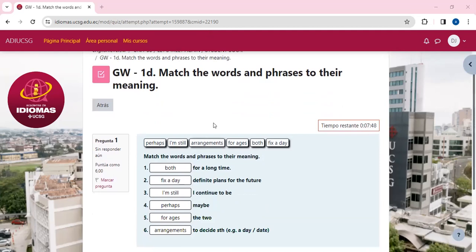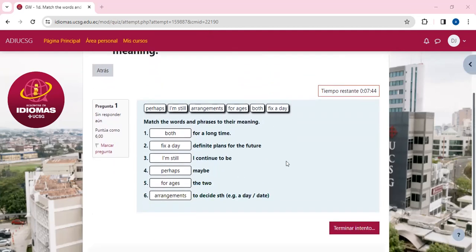Match the words. O sea, yo tengo diferente.